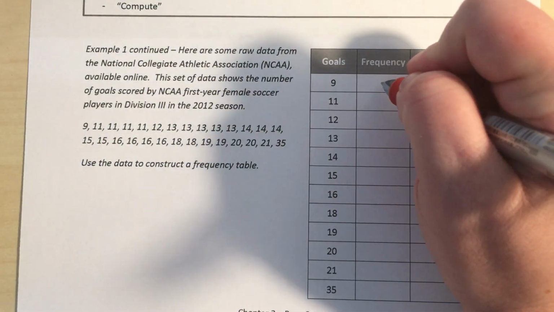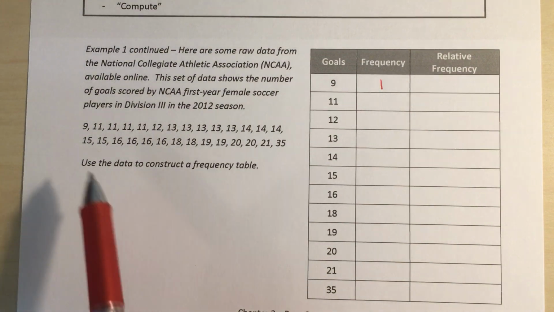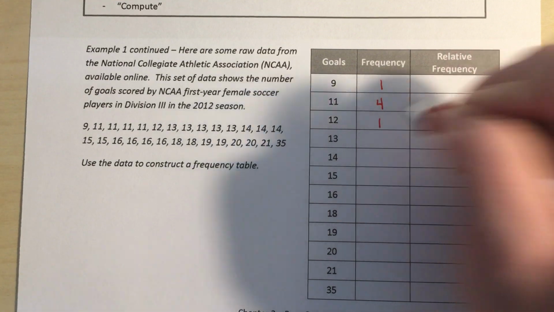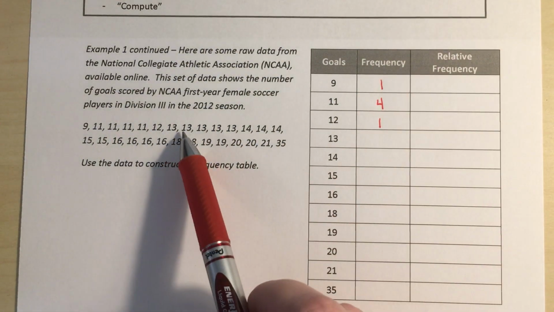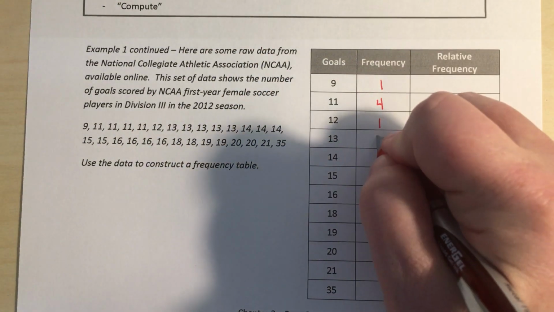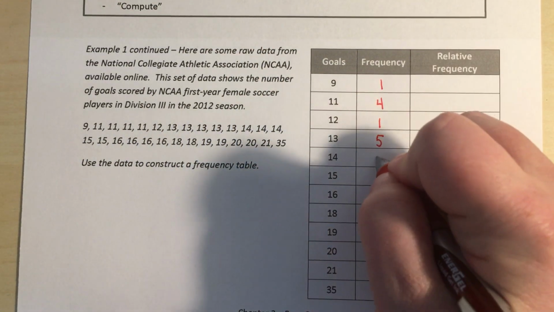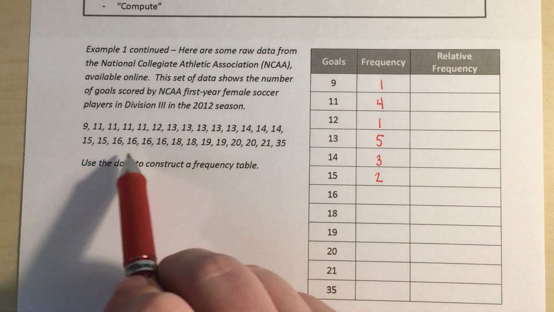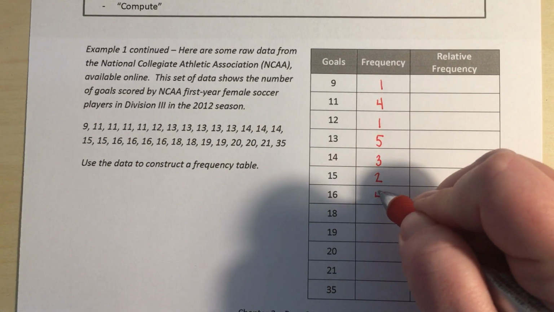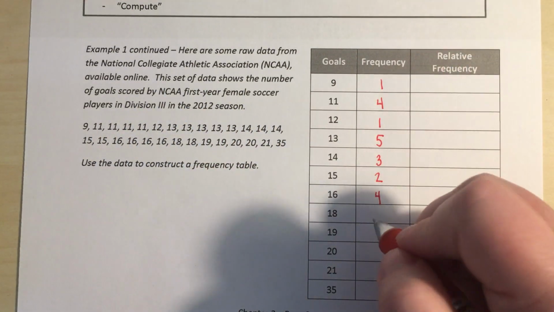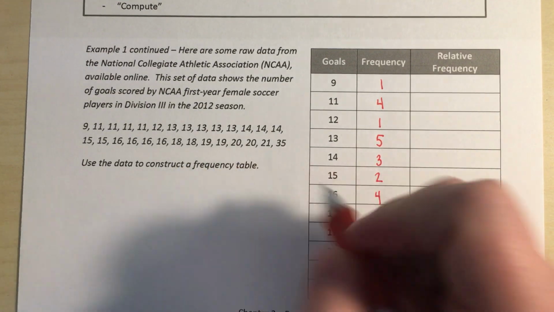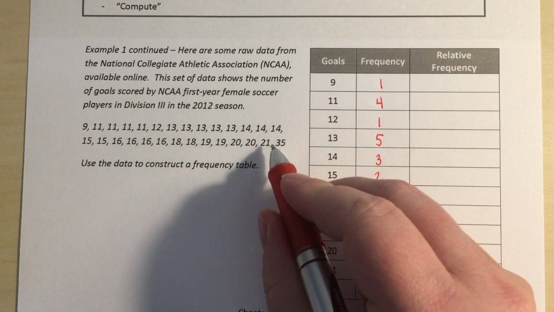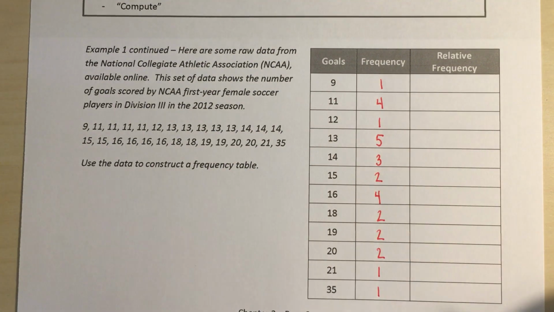The number 9 shows up exactly once, so we have a frequency of 1. 11, we have 1, 2, 3, 4. 12 shows up once. 13, 1, 2, 3, 4, 5. 14, 1, 2, 3. 15, 1, 2. 16, 1, 2, 3, 4. 18, 1, 2. 19, 1, 2. 20, 1, 2. 21 is 1, and 35 is also 1.